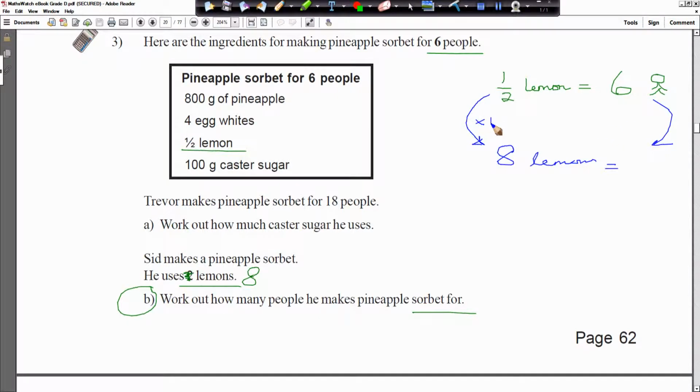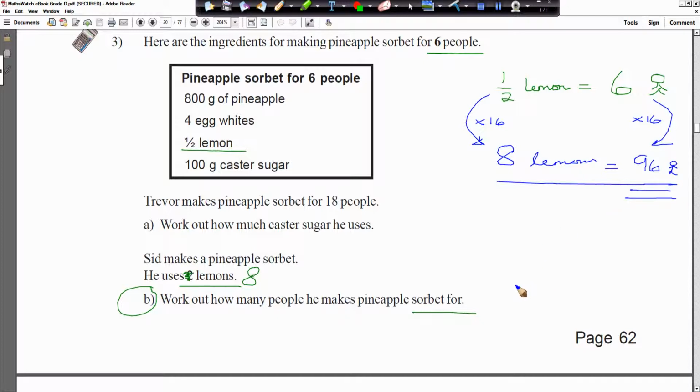Times it by 16. Half times 16 is 8, and 6 times 16 will give you 60 plus 36. He's made a pineapple sorbet for 96 people.